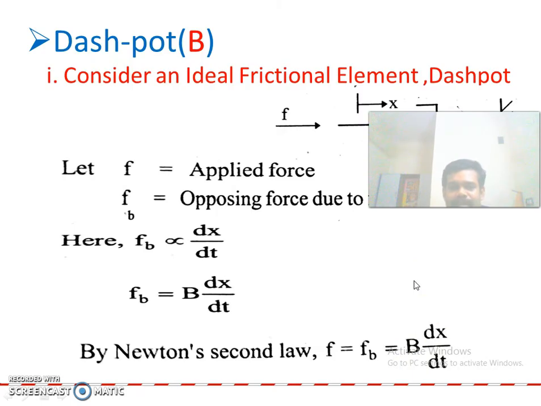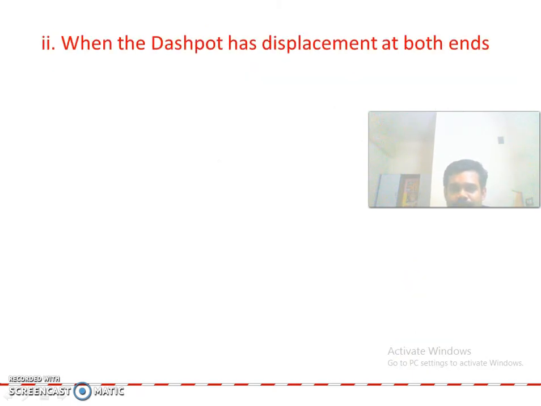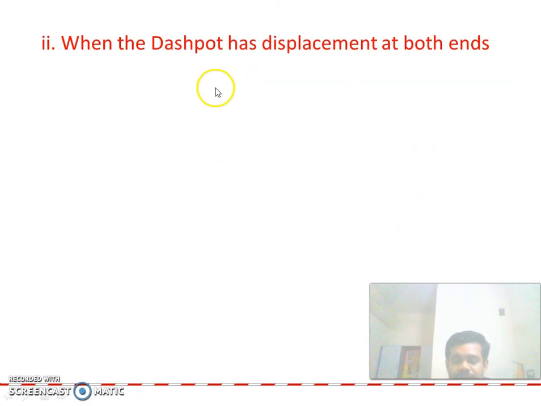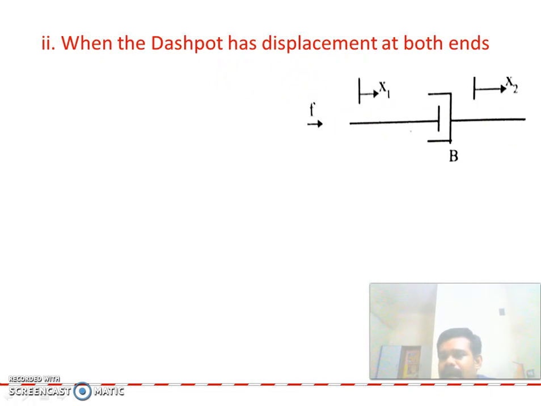Now we are going to see the third one, the spring. First, we saw the dashpot which is fixed at one end. Now we are going to see the dashpot where neither end is fixed. When you apply a force, one end has a displacement of x1 and the other end has a displacement of x2.